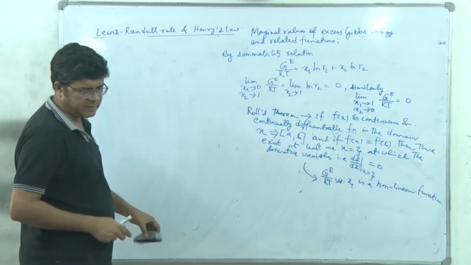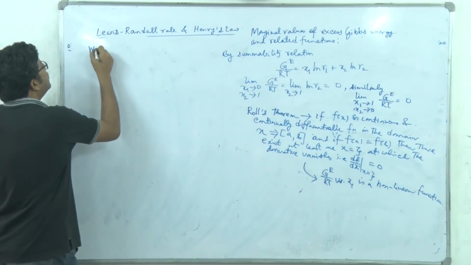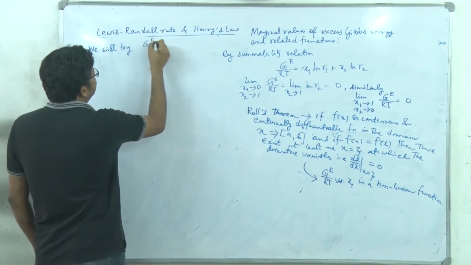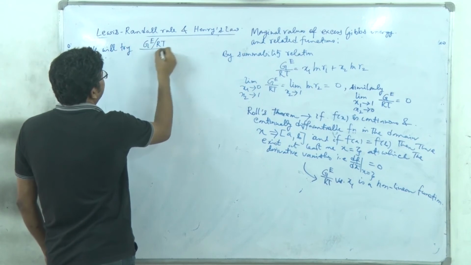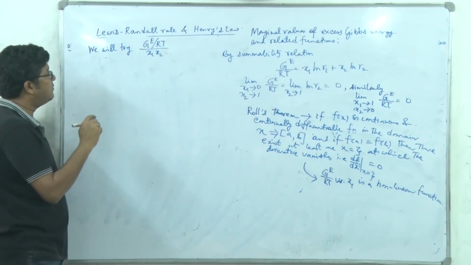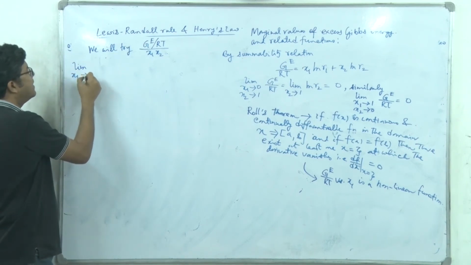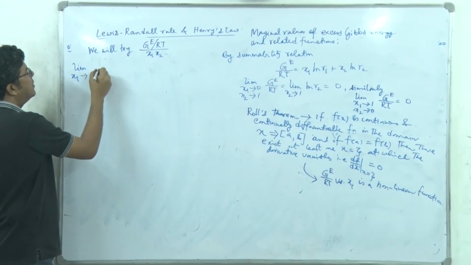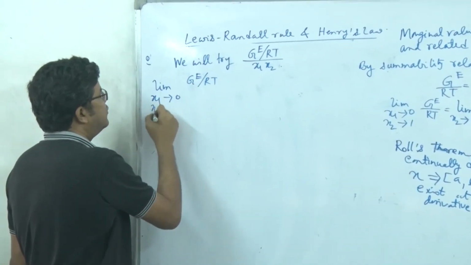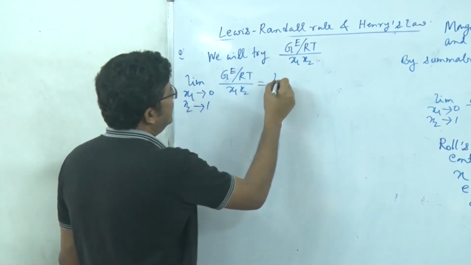So here the function is, we will try with G by RT divided by x1 x2, and we will try to find out the extreme values. So it's the limit x1 tending to 0, x2 tending to 1, of G by RT divided by x1 x2.